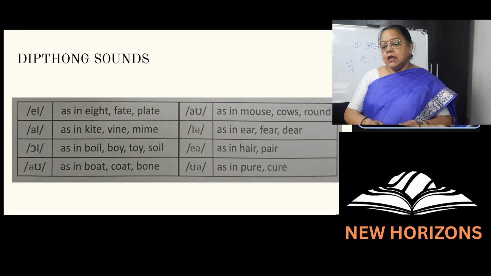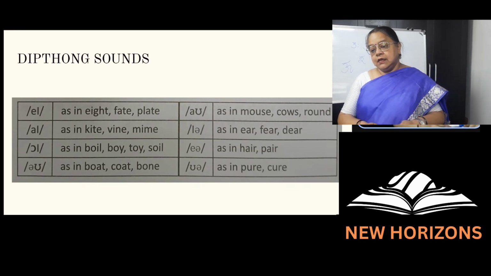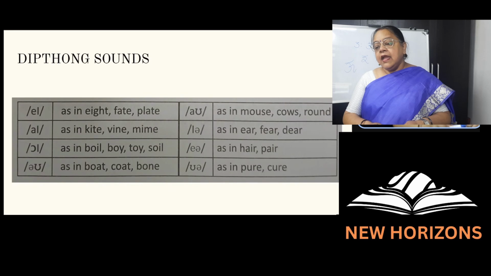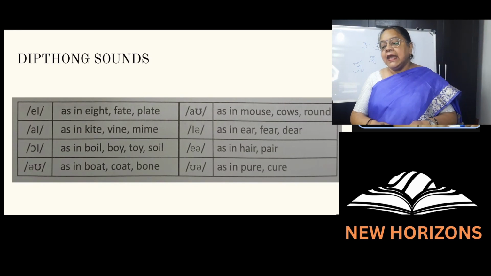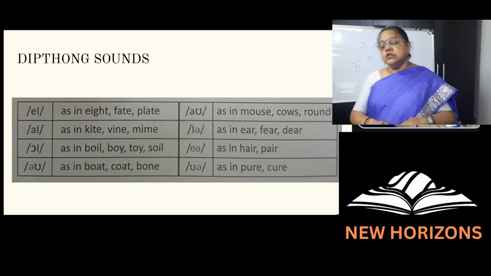Next, a straight E followed by an inverted E: air, hair, pear. The last one is omega coupled with an inverted E: pure, cure.